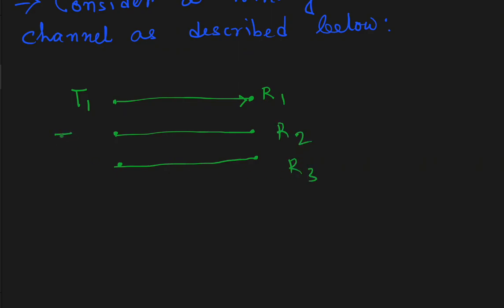So suppose that there are 3 kinds of signals, one is T1, one is T2, one is T3, and what is the probability that if you send signal T1, the receiver side also gets the signal T1? Let me first draw the picture.